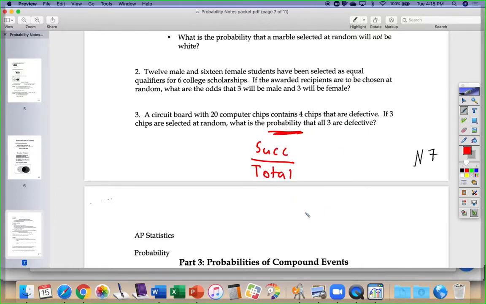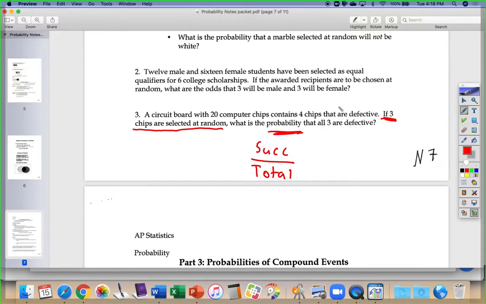That all 3 chips are defective. So let's think about what it is we are doing. Our event that is taking place is 3 chips are selected at random. We need to know the probability that all 3 are defective.